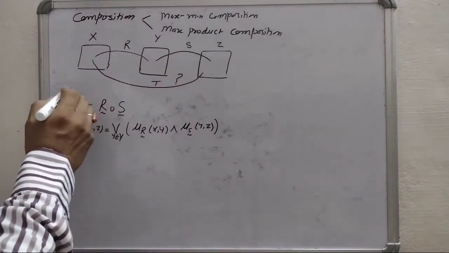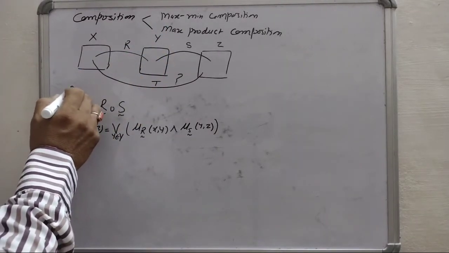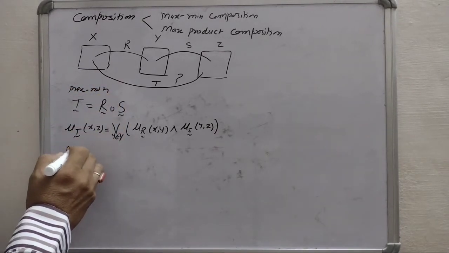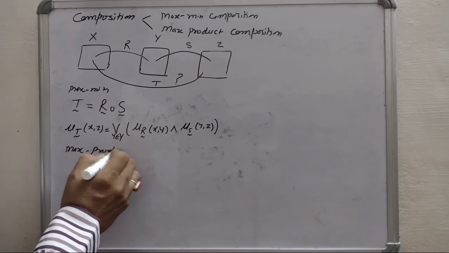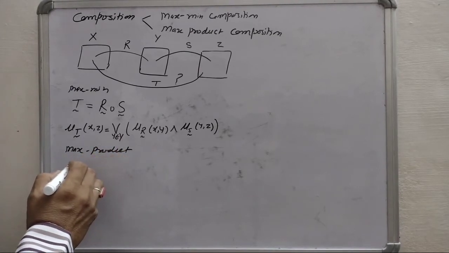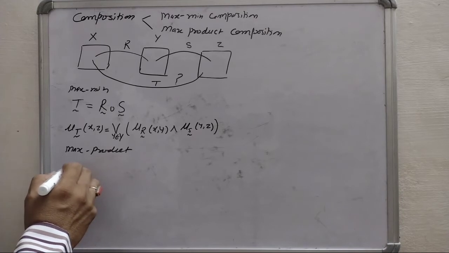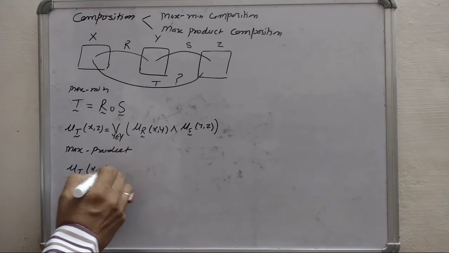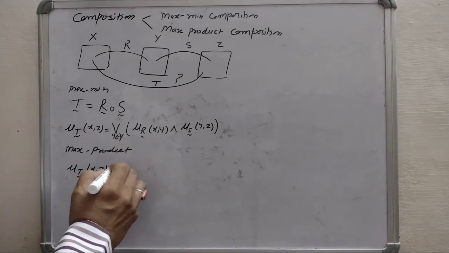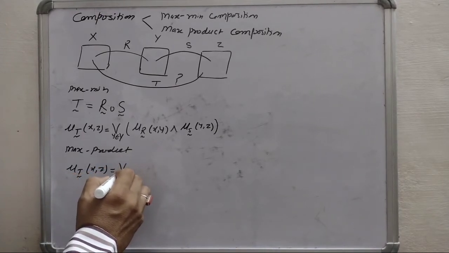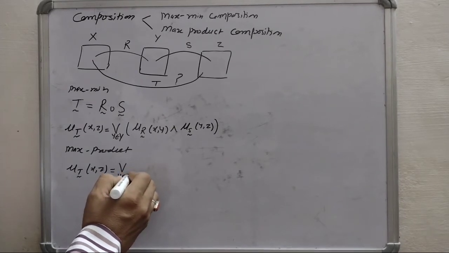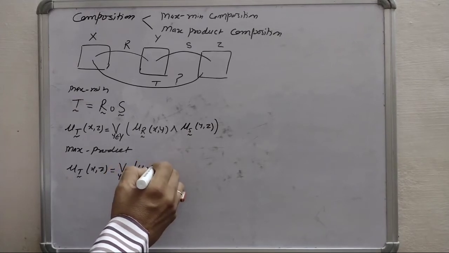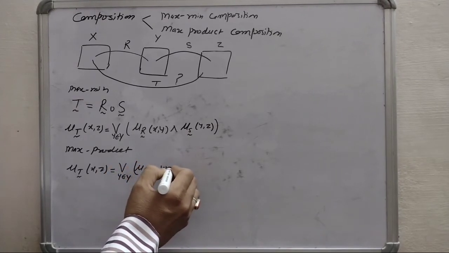Similarly, this is for max-min composition. And second is the max product. In the max product, the formula is mu T(x, z) equals max over y belonging to Y of mu R(x, y), then product here.